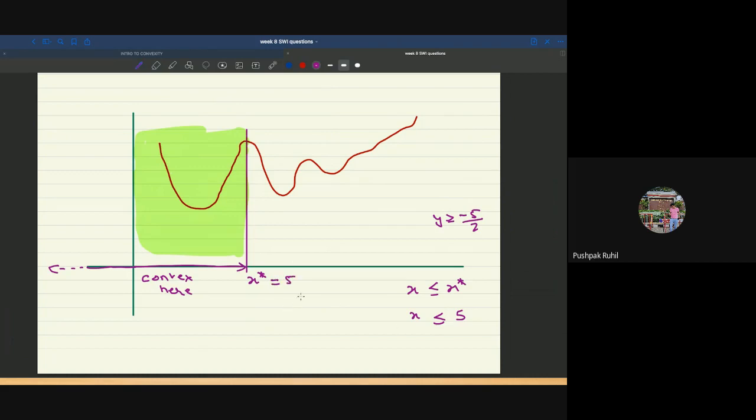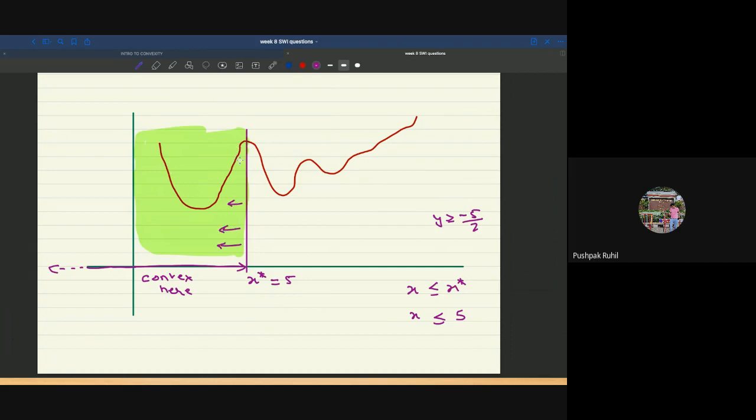So in that case, what does it mean graphically? It means that x equals 5 is the boundary point beyond which your function would not be convex anymore. To the left hand side, your function is convex.